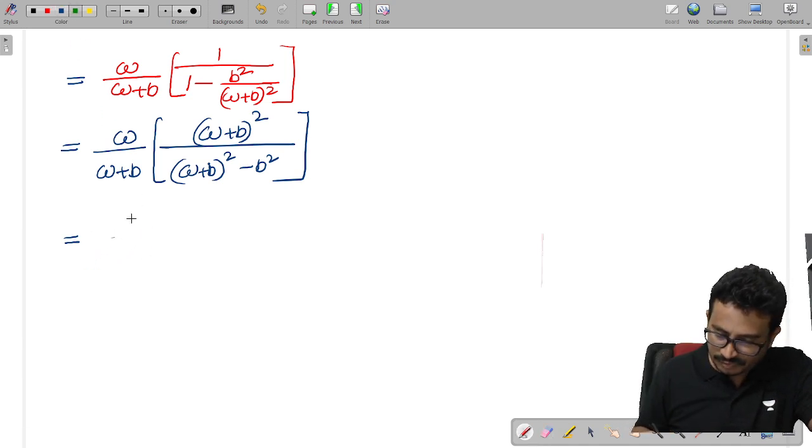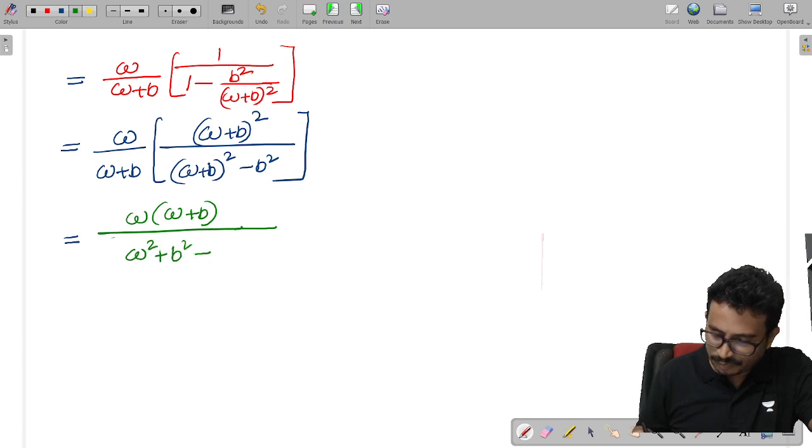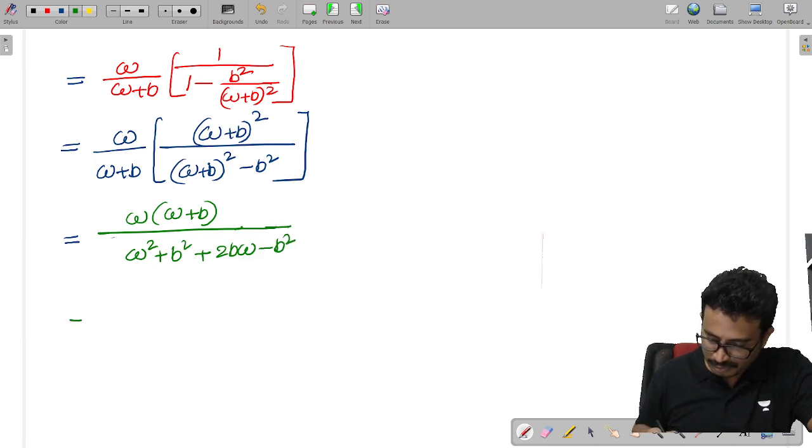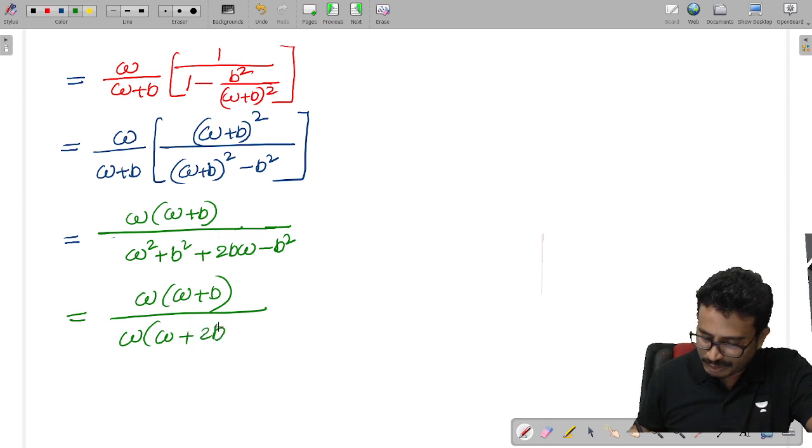So what we have left in the numerator is W square plus B square plus 2BW minus B square, by B square will get cancelled, W into W plus 2B.